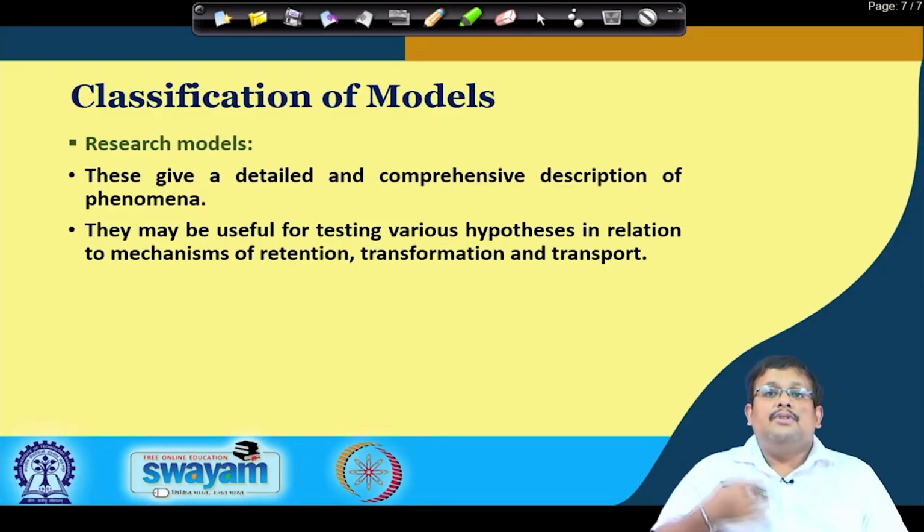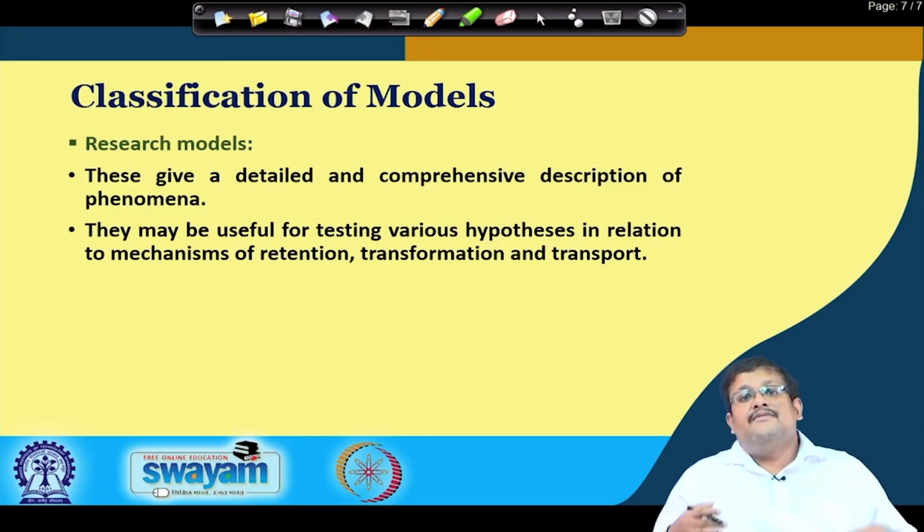To gain comprehensive knowledge about the fate of the pollutant, you need certain hypotheses for testing the mechanisms of retention, transformation and transport, and this can be done in research models.